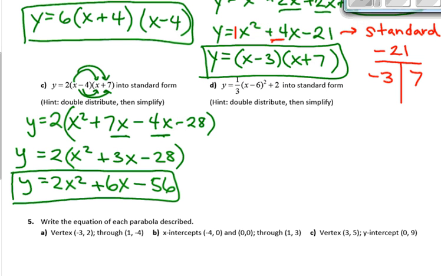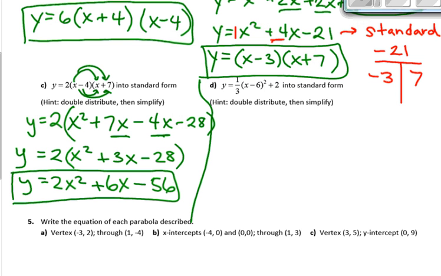All right, for our last equation, notice we are in vertex form, and we want to go into standard form. Now notice we've already kind of done this in part B, but then in B, we took it further to factored form. So actually D is a little simpler. The only thing that makes D hard is the fraction 1/3 in the front. So just leave that again for the very last.